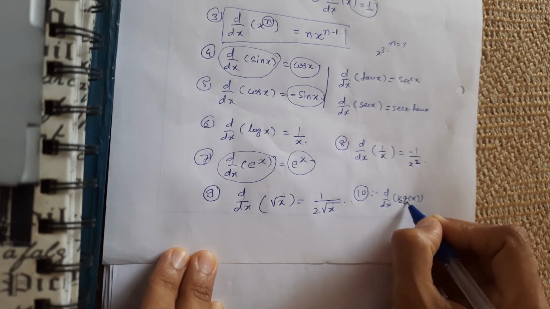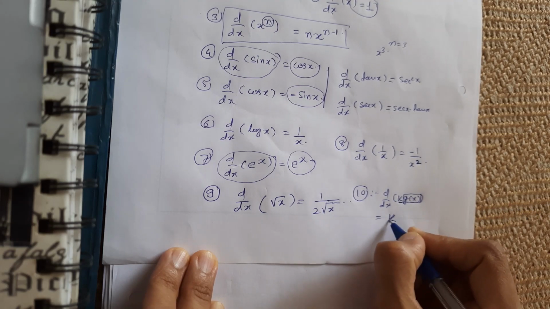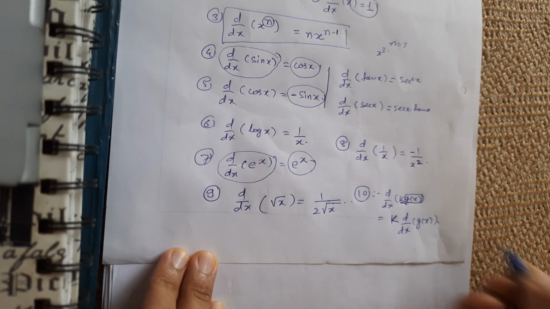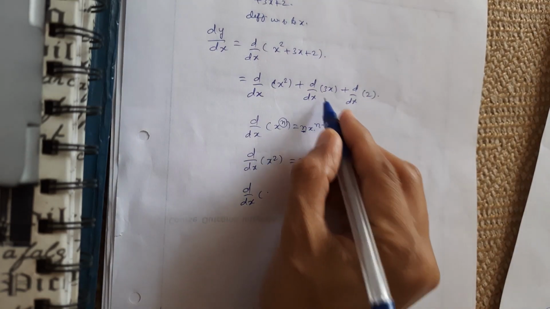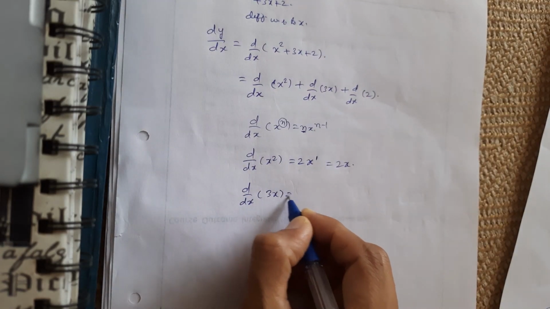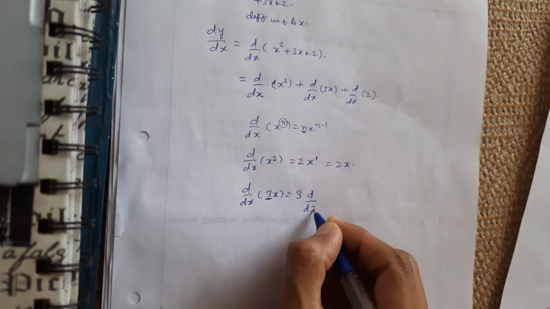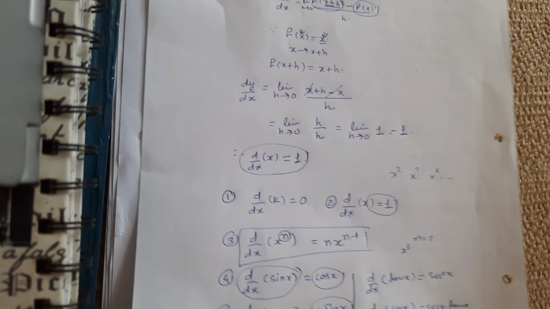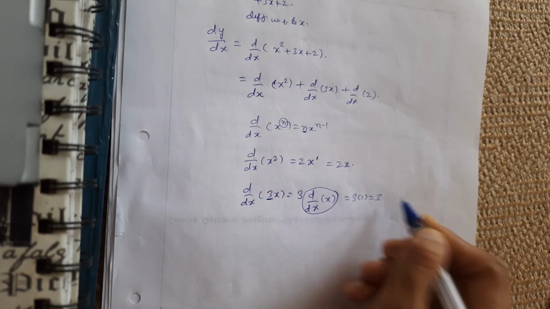If a constant is in multiplication and you want to find the derivative of g(x), then you can take this constant outside and just write the derivative of g(x). So we need to use this formula here. d/dx of 3x will be, take this 3 outside of the operator, 3 into d/dx of x, and d/dx of x we have seen in a standard function is 1. So 3 into 1 is equal to 3.